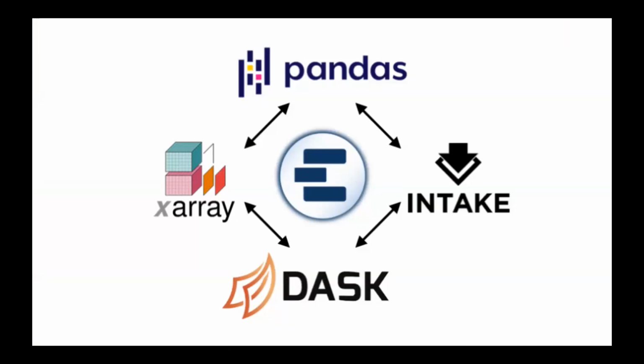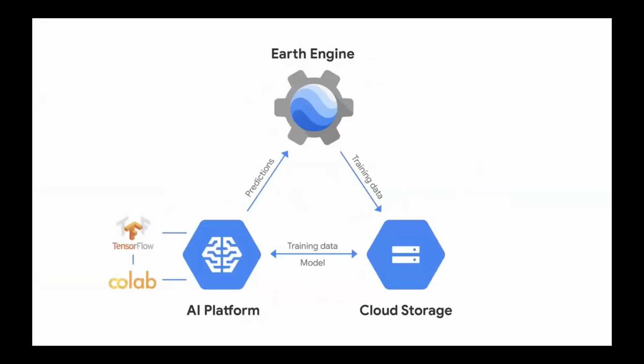Here is one kind of ecosystem that might work for you. You could have an intake pandas xarray kind of workflow where you're dynamically reading rasters, computing some values from them and generating some reports. An alternative approach might look like this, where you have rasters stored in Google Cloud Storage and you can ingest them into Earth Engine.